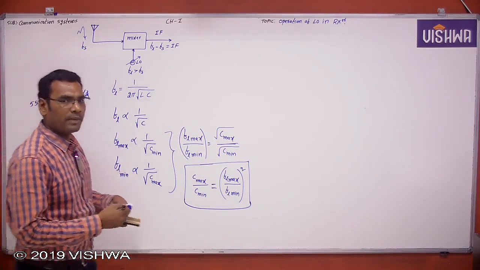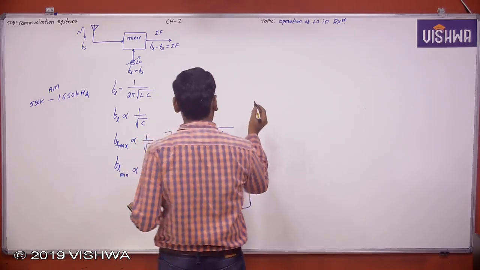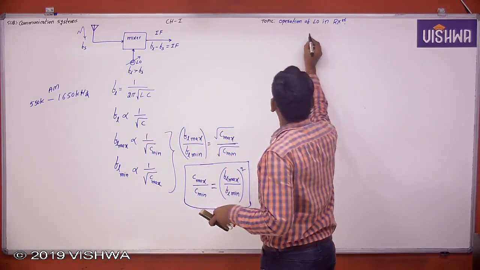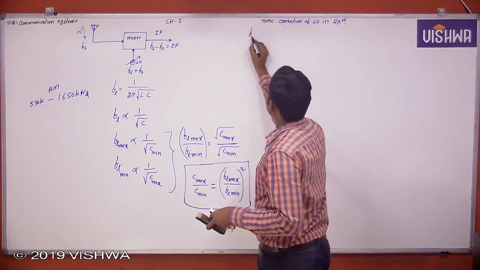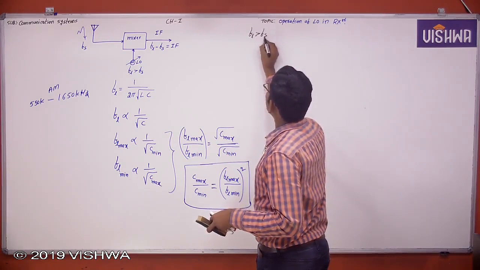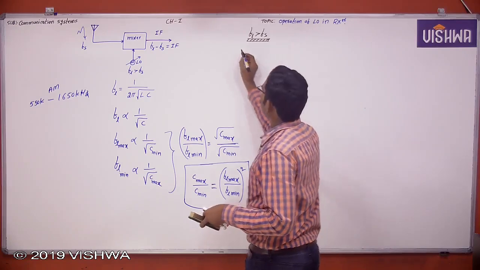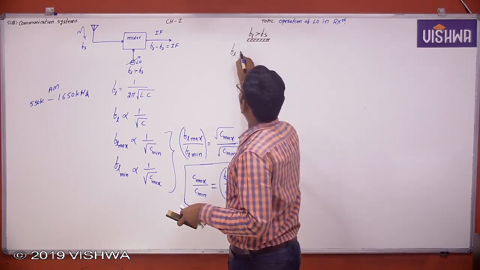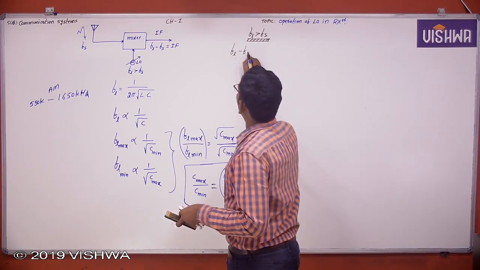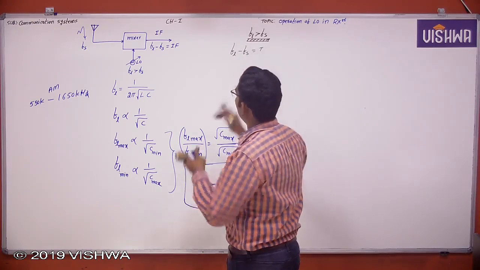Now see here what happened. I'll have two conditions. Fl greater than Fs is one case.